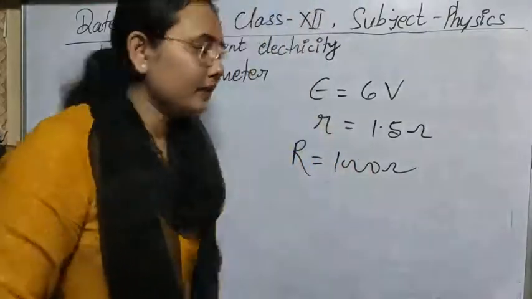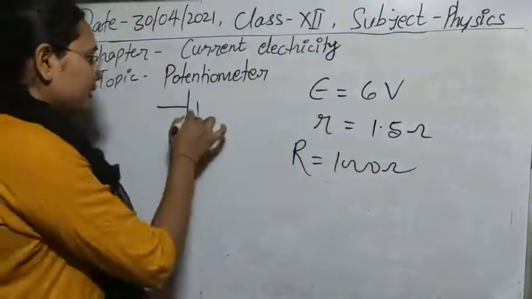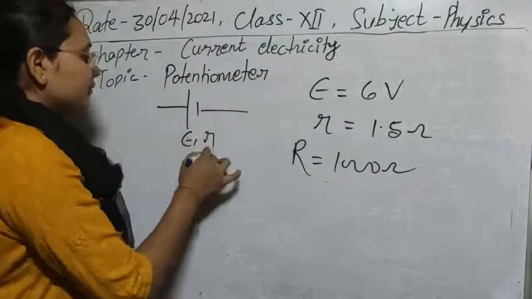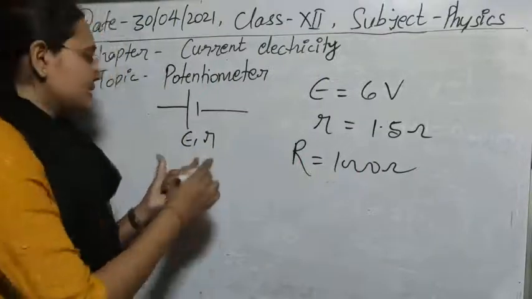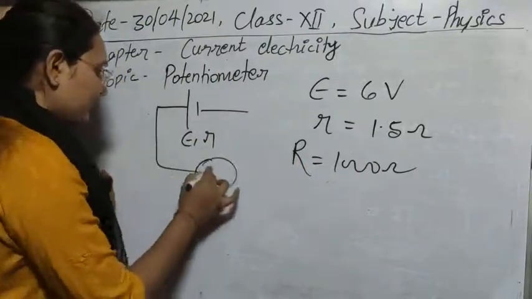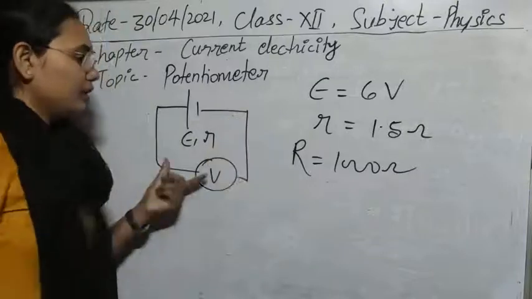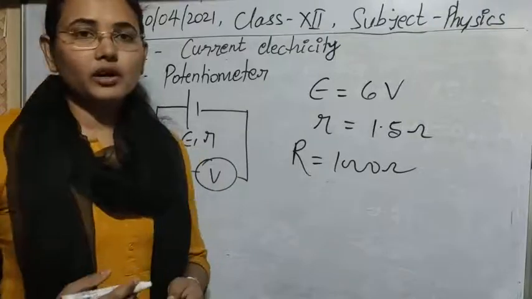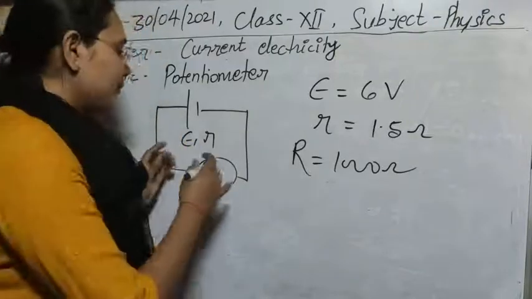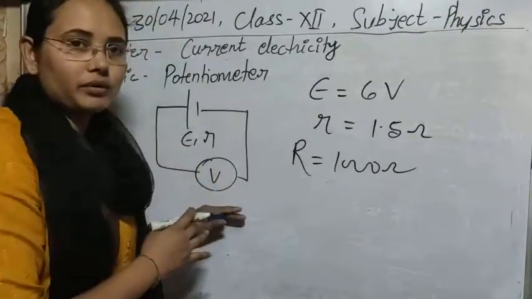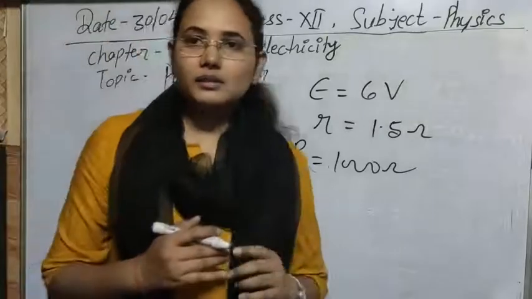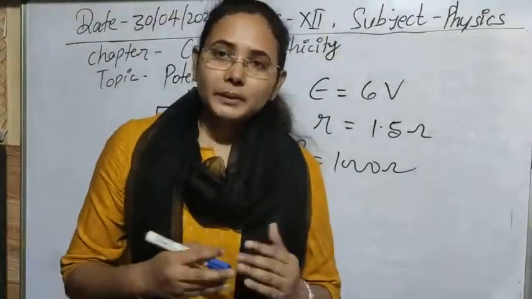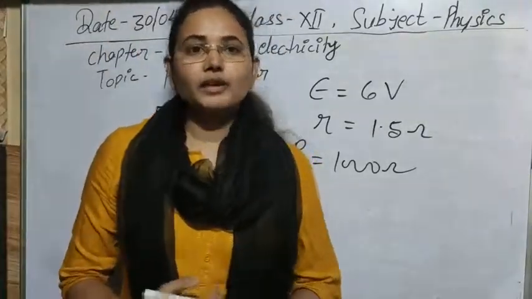Means if we have a cell that has EMF epsilon and internal resistance r, and now we are connecting a voltmeter in this, and we want to see what the value of EMF is by using this voltmeter. You know that a voltmeter is a device through which we can measure the voltage in our circuit.